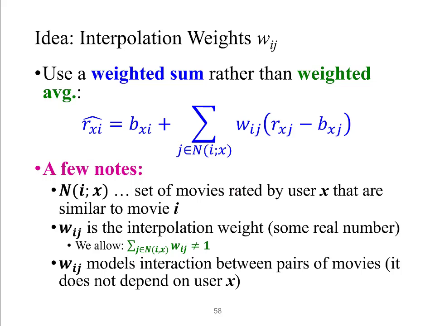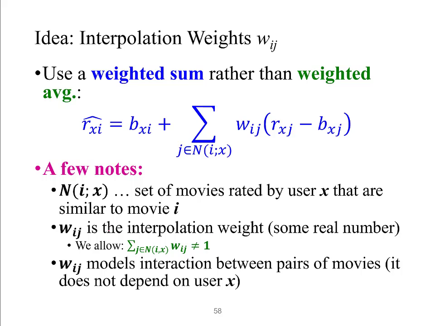So here N(i;x) is the set of movies rated by user x that are similar to movie i. Wij is the interpolation weight. So it can be just some real number, and it does not matter whether the sum of Wij equals 1 or not.